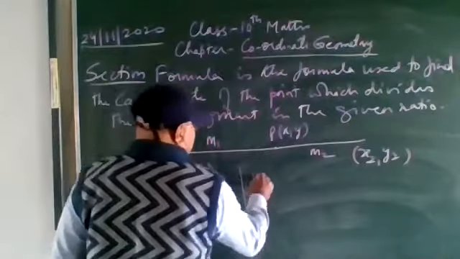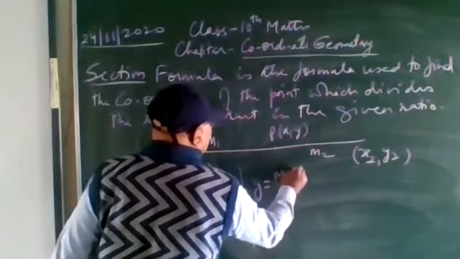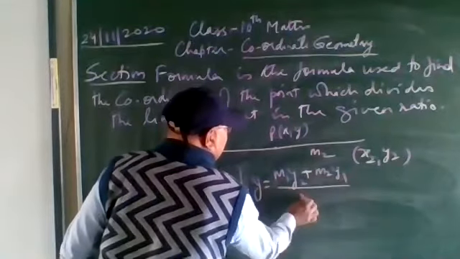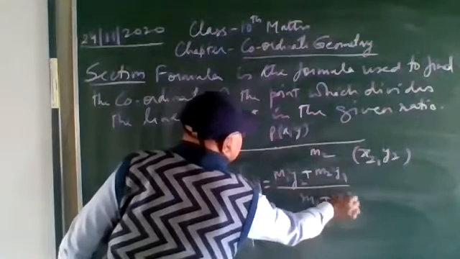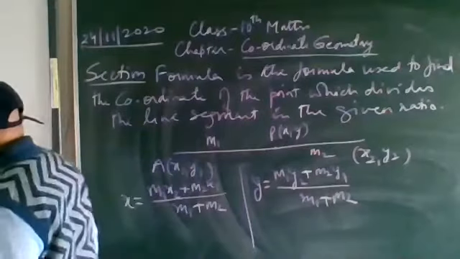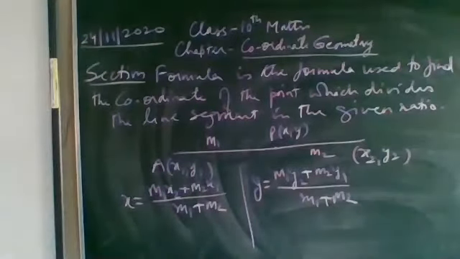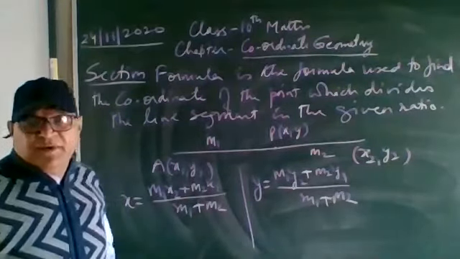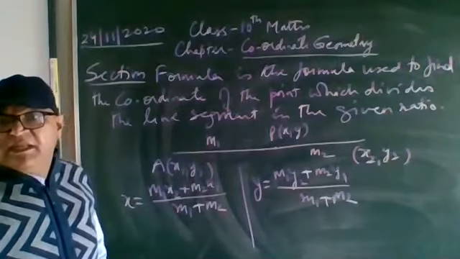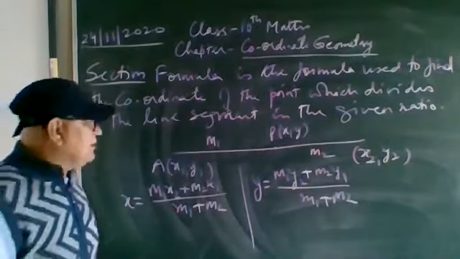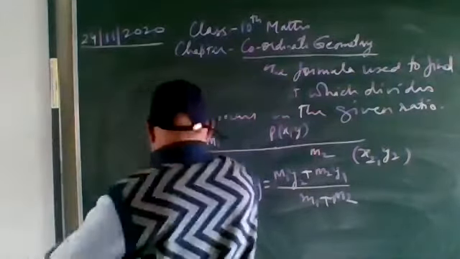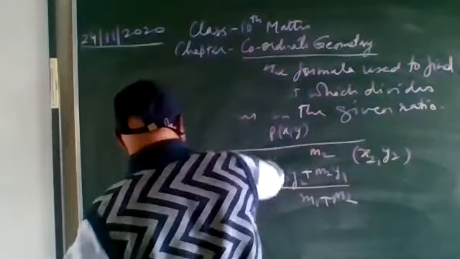Y equal to (m1 y2 plus m2 y1) upon (m1 plus m2). These are the things you must know. So section formula is the formula used to find the coordinate of the point which divides the line segment in the given ratio.